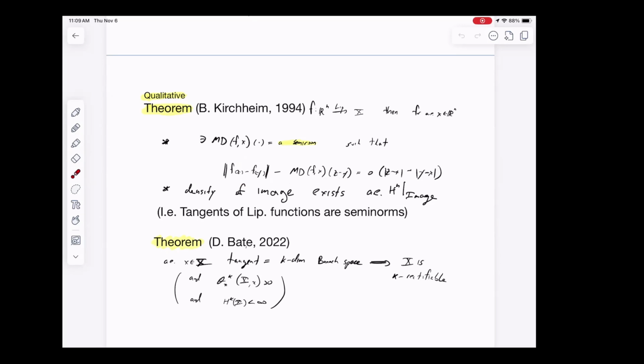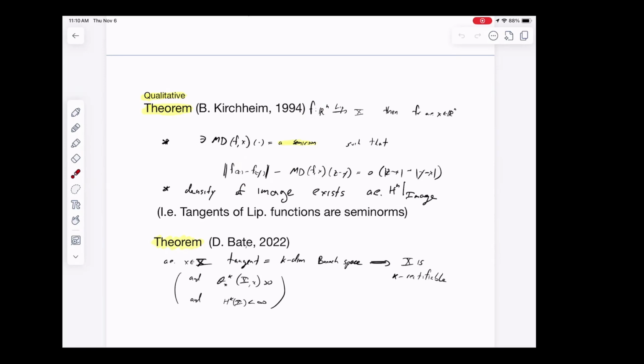So in that sense, you have differentiability almost everywhere. You can deduce two things from this: you can break up F into a bunch of BiLipschitz pieces in a qualitative way, and you can deduce that the density of the image exists almost everywhere.